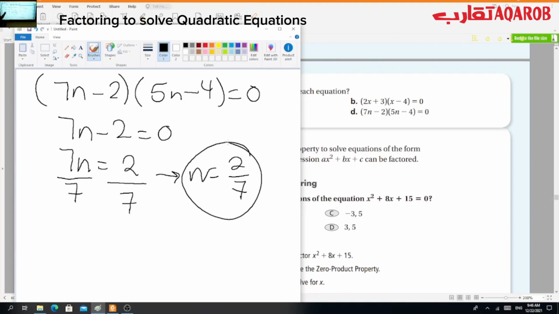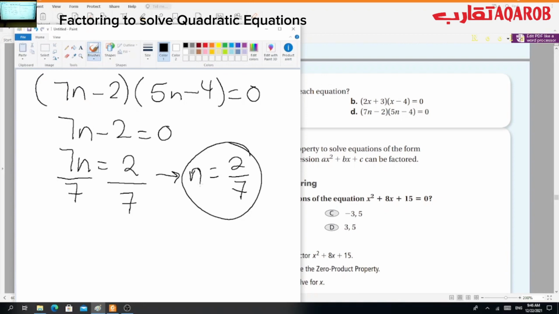In the second, it's multiplying by n, so the inverse operation of multiplication is division, so I divided by 7 and got the answer. So this is one of the two answers here.